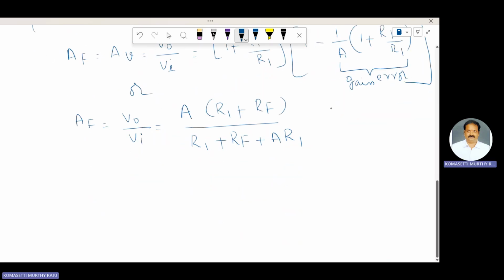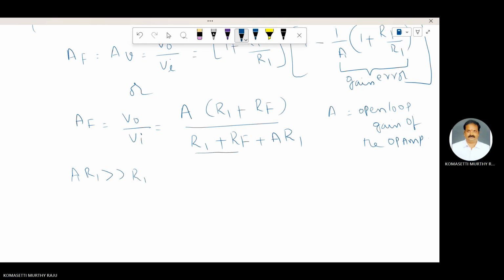Here A is called the open loop gain of the op amp. Ideally it is infinity. Therefore, A into R1 is far greater than R1 plus Rf.